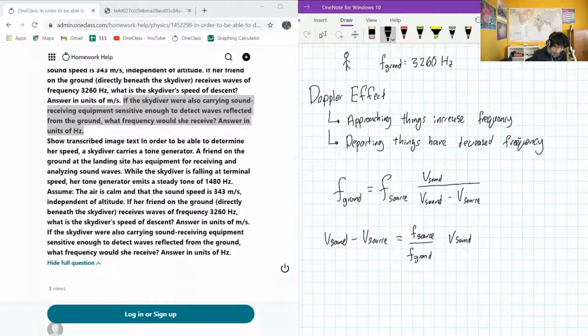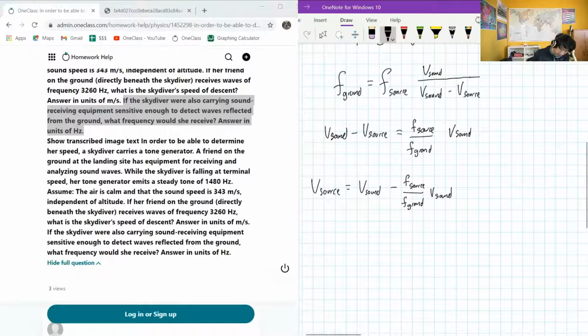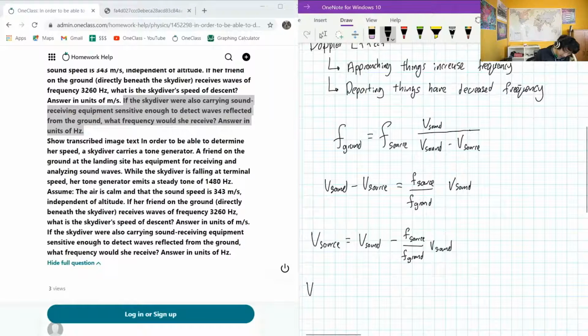And we can isolate V source by switching the sides. So V source is equal to V sound minus F source over F ground, the velocity of sound, and we can factor this out to make this a little bit easier to calculate.